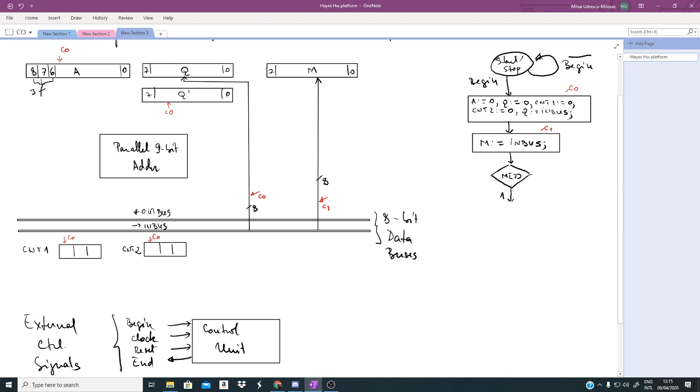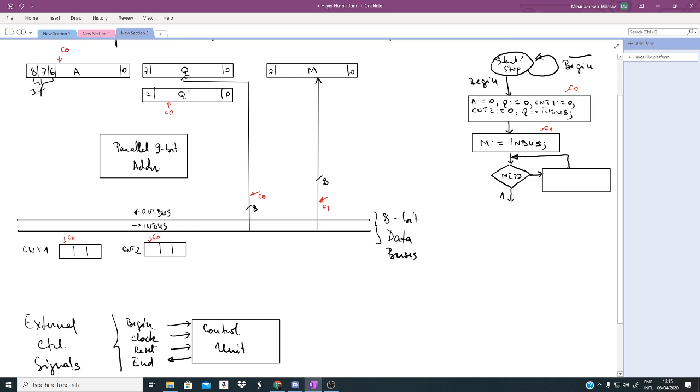But if it's 0, then we'll have to do something about it, and we'll have to shift, then come back here. So it's something like this.